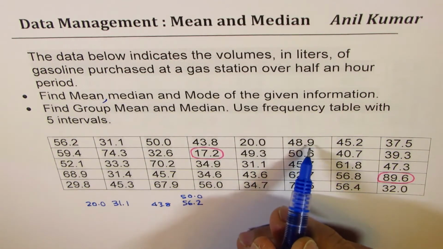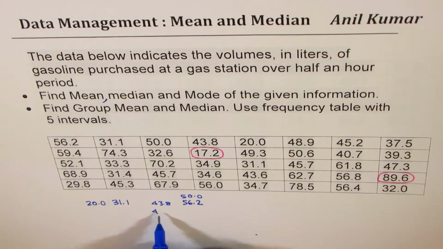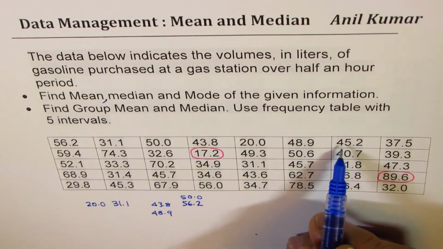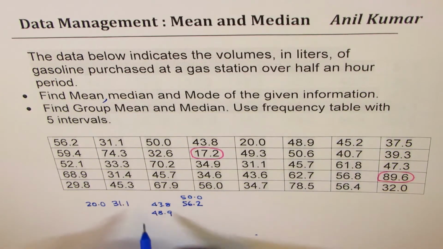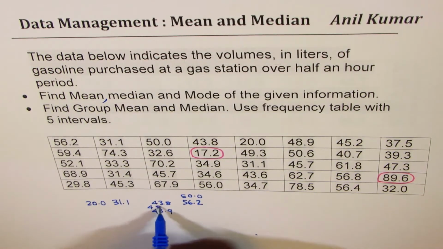And then 48.9, so let's write 48.9. I should have left more space in between. 45.2, so let me squeeze it in between.